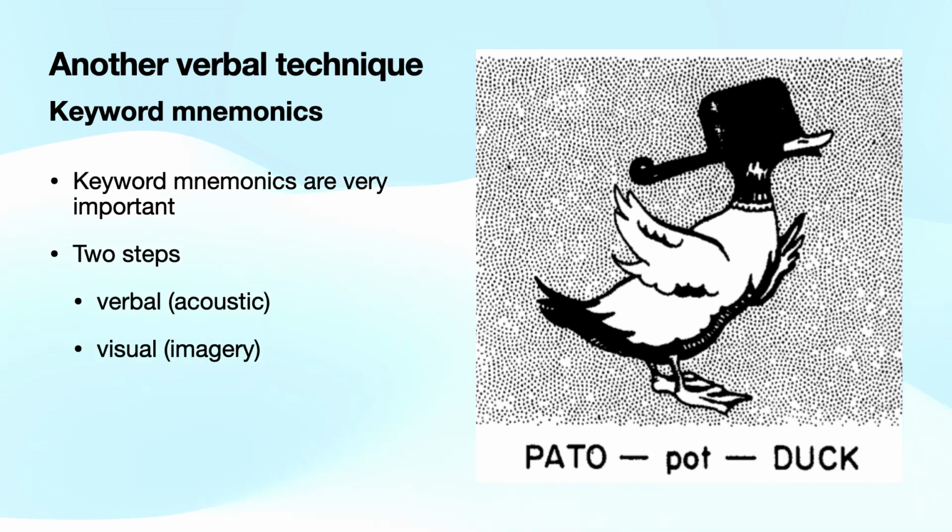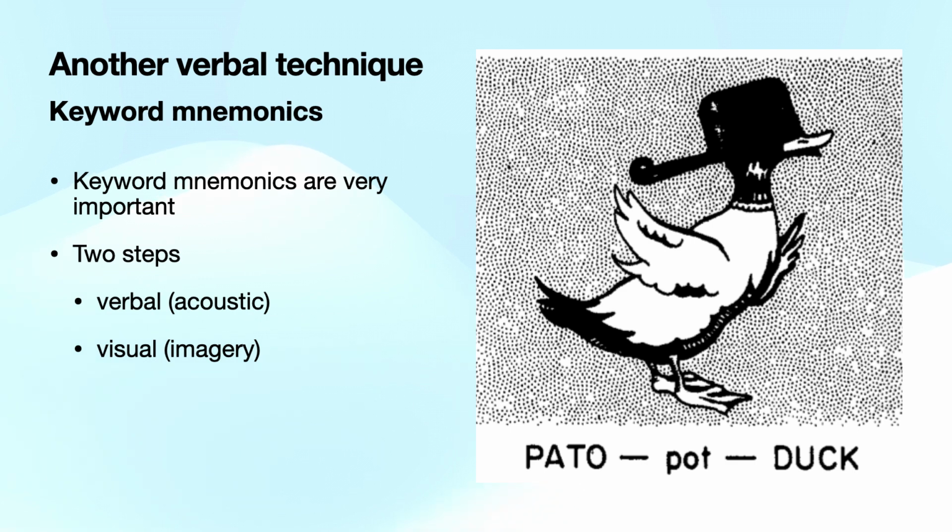Here's an actual example from that research article that was published in the journal American Psychologist. I just clipped out this picture. Suppose you're learning Spanish, and you learn that the Spanish word for duck is pato. The word pato sounds a little like the English word pot, so we use pot for the keyword.